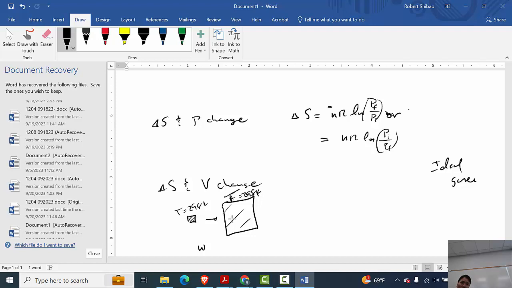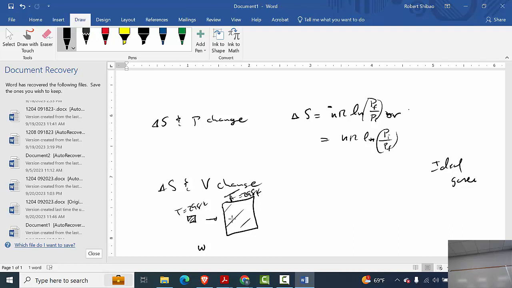Adiabatic just means that no energy is exchanged between the system and surroundings in the form of heat. Does that make sense? So we can do an isothermal expansion of an ideal gas versus an adiabatic expansion of an ideal gas. That's back in chapter 7.